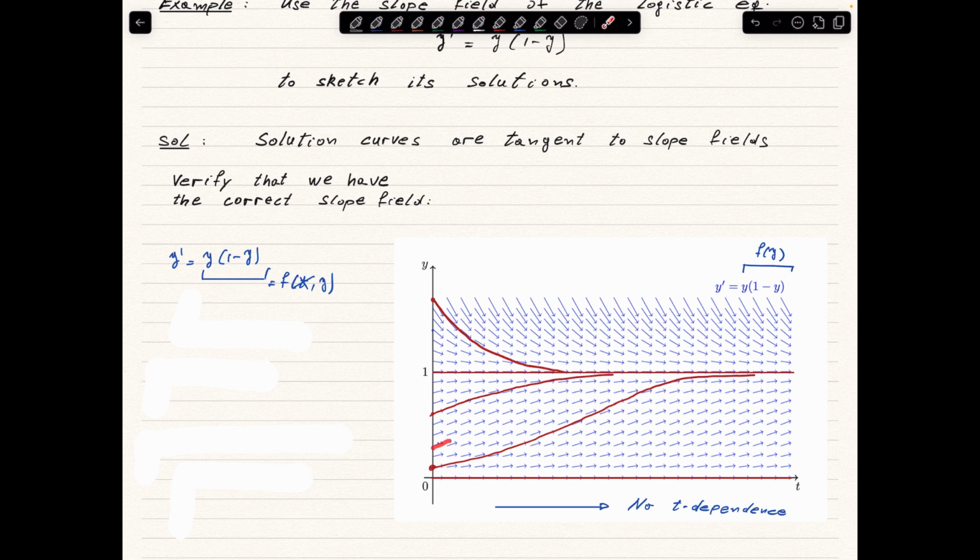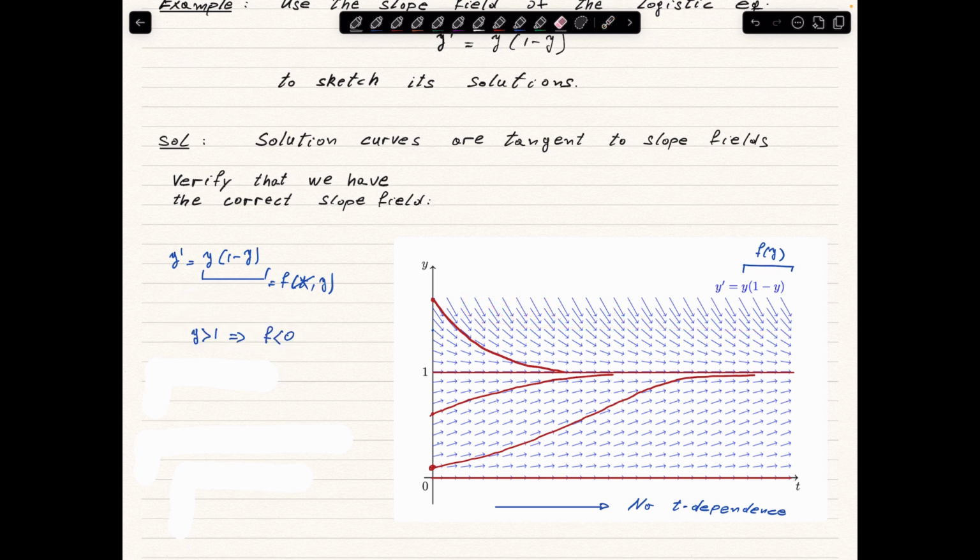The slope field doesn't change. It's the same slope field as we move along the t-axis. Nothing changes, no slope changes on the horizontal axis. The slopes are all the same. You see here, the slopes are all the same on the horizontal axis.